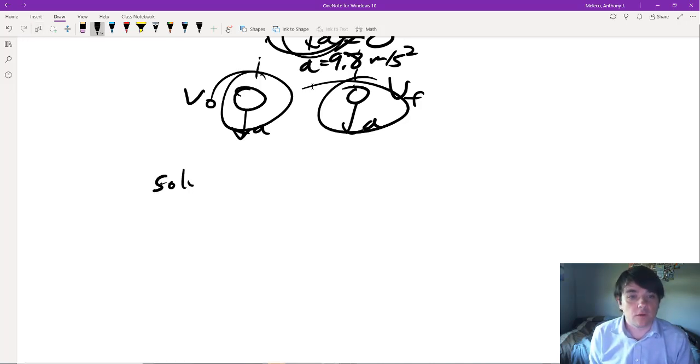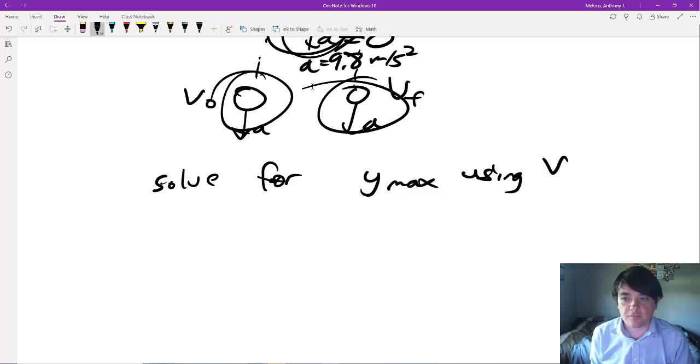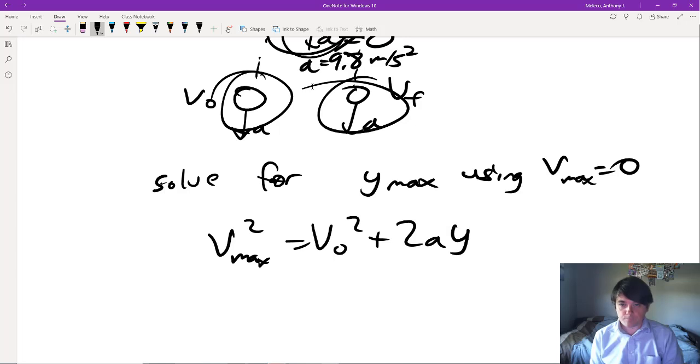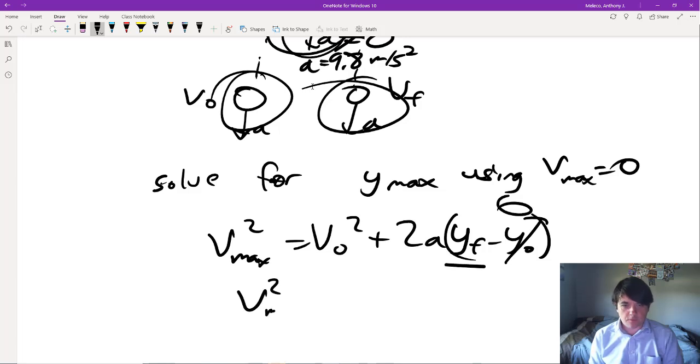Okay, so now solve for y max using v max equals 0. So, v max, I'm going to rewrite the equation, instead of v final, I'm plugging in max. This guy is 0. And we are solving for y final. So v squared max. Oh, this guy was 0 too.